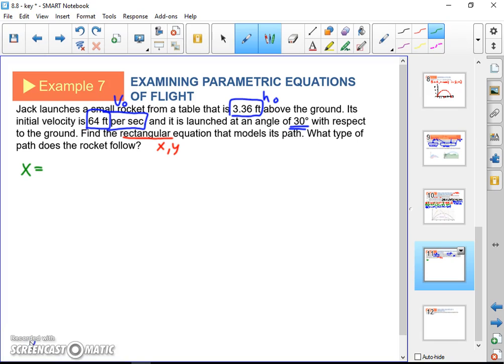That x part is going to be set up as the initial velocity times cosine of the angle times t. And then the y part is going to be the initial velocity times sine 30 times t, minus 16t squared, plus the initial height.